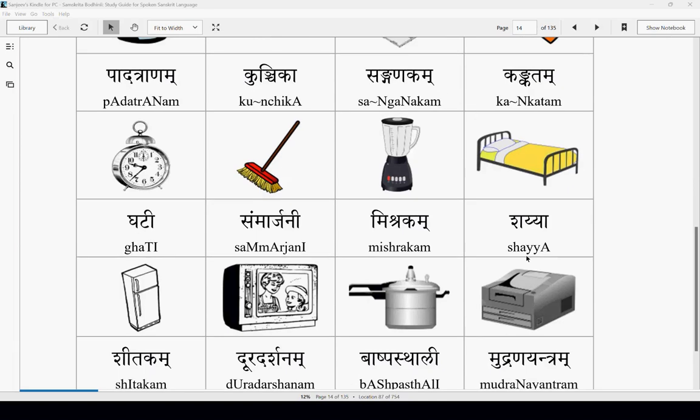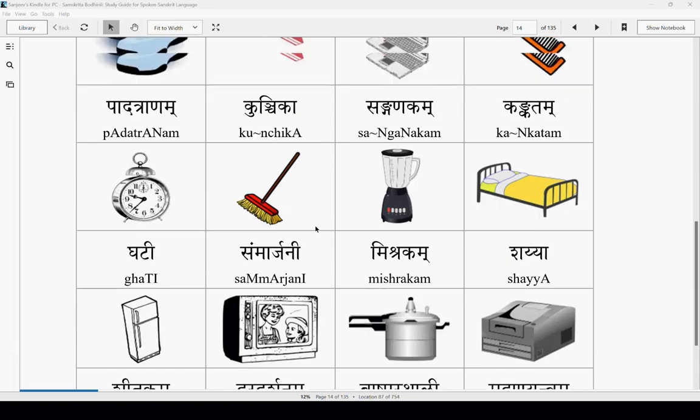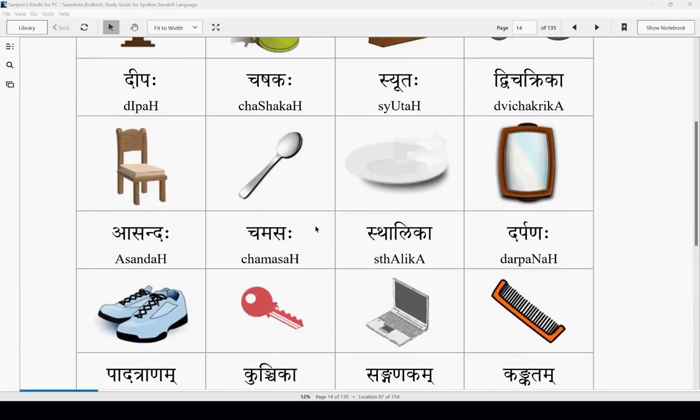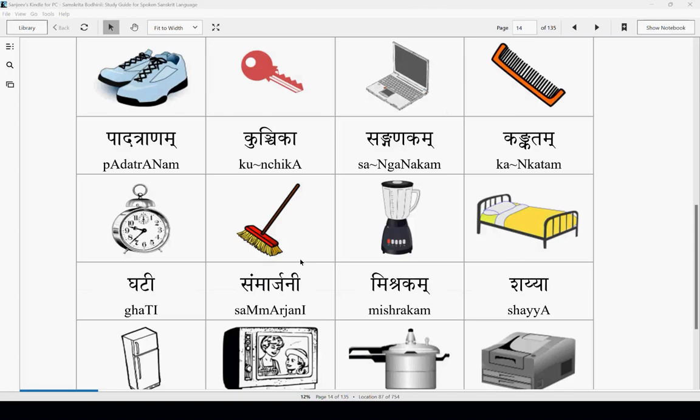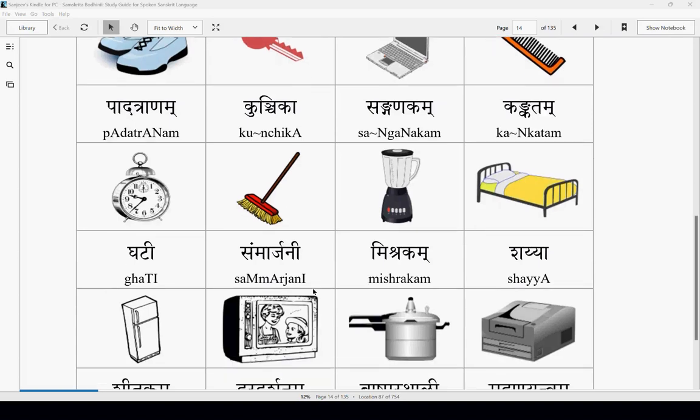Then there are additional Strilinga words which are ending in long E here. Like we have here, Gati. So here, Dirgha E, Gati, Sammarjani. These are Strilinga Padam. Okay? Strilinga means what?